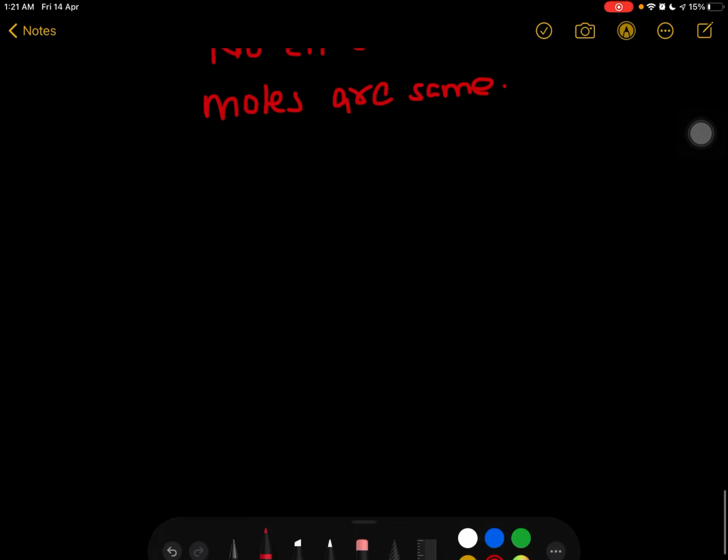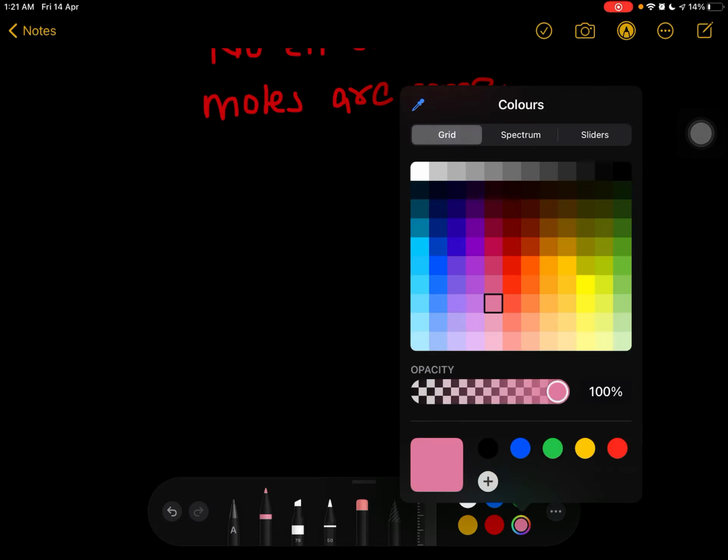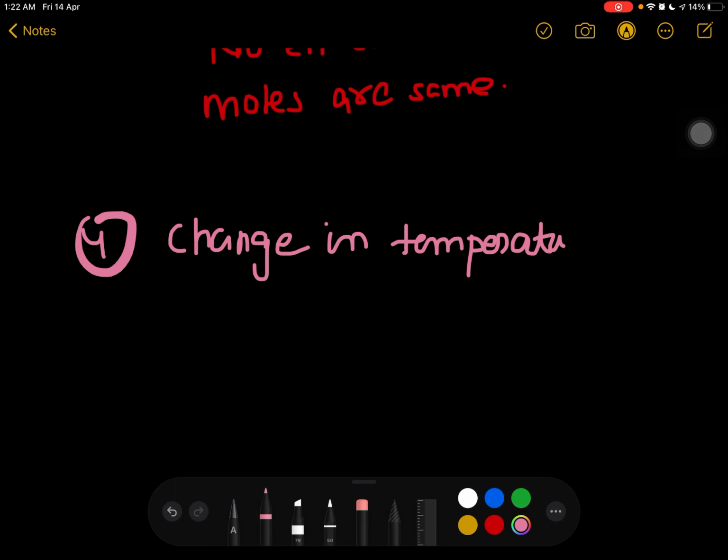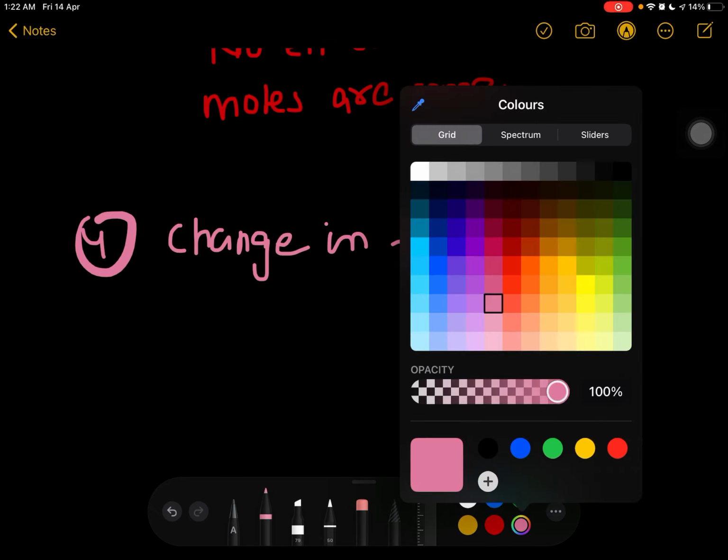The fourth term which we have is the change in temperature. What if we have a change in temperature? There is a basic rule for that too.